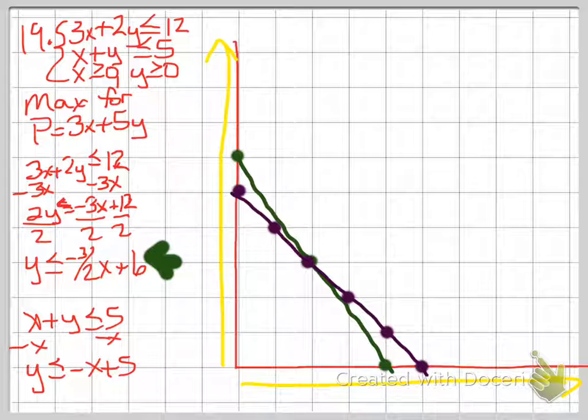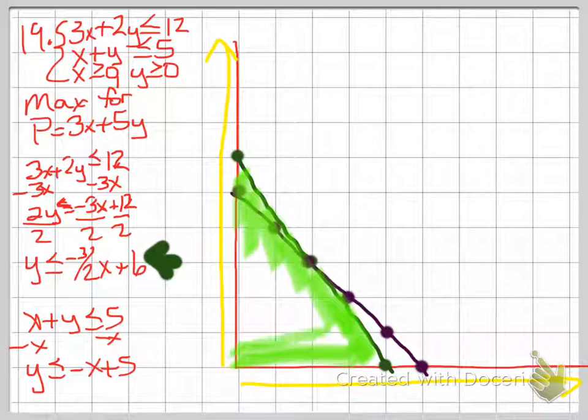So we knew that it was in the first quadrant, so we didn't have to worry about that. Okay? All right, let's do some shading. For our negative 3/2 x plus 6, we're in green. So let's pull up a green highlight here. And it is less than, so it is everything under the green.